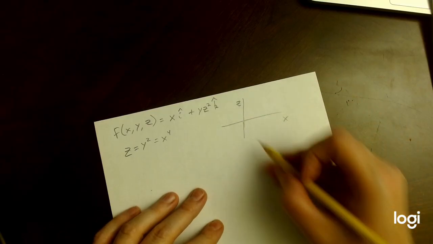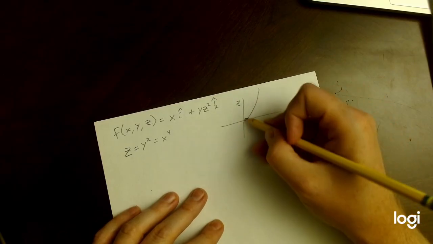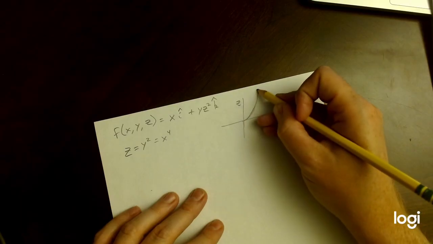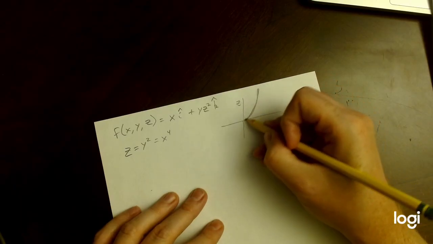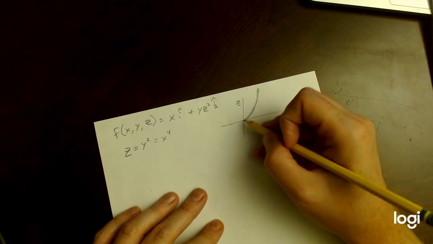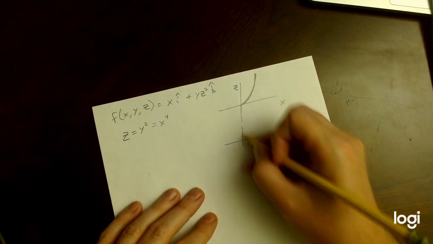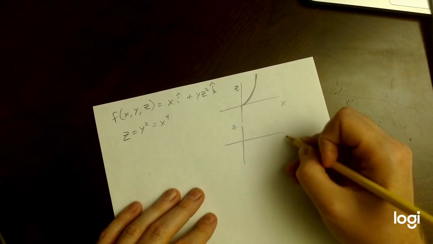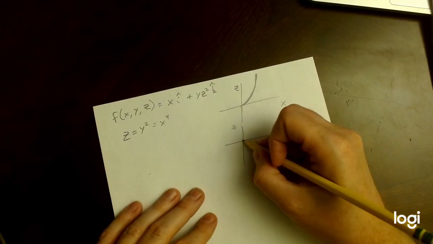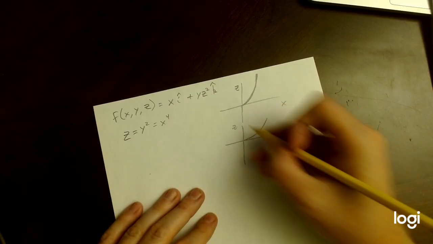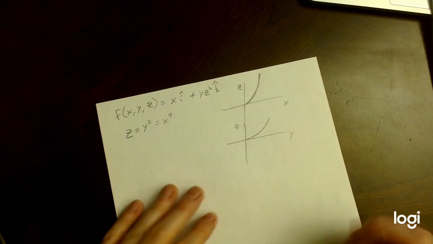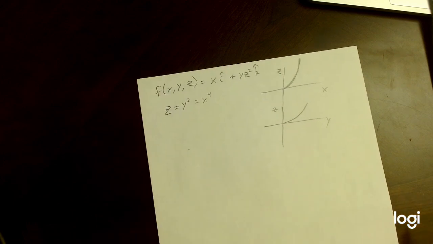In the xz plane, z goes as x to the fourth, so it very quickly rises like so. And then in the zy plane, it'll go a little more slowly up, but it's still rising as y squared.